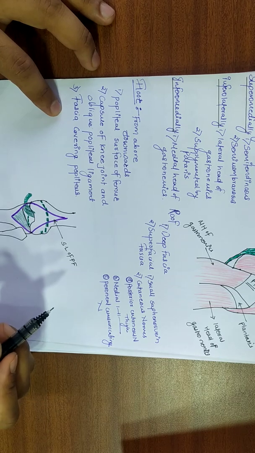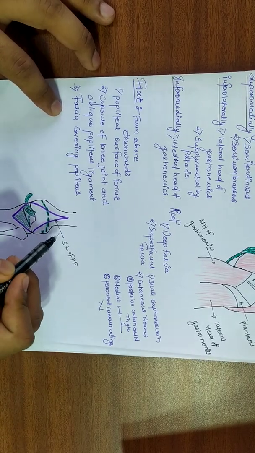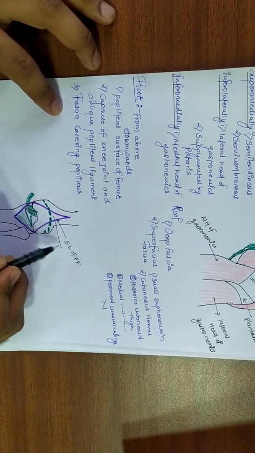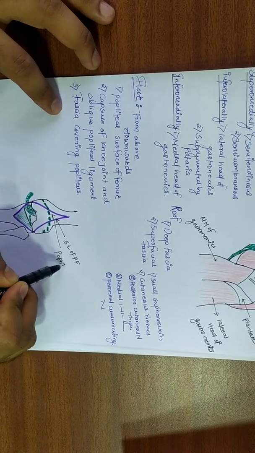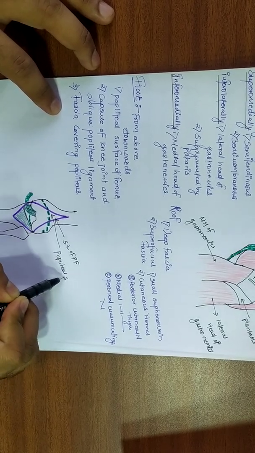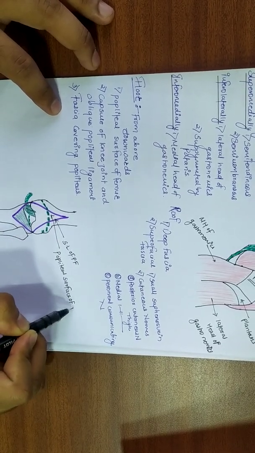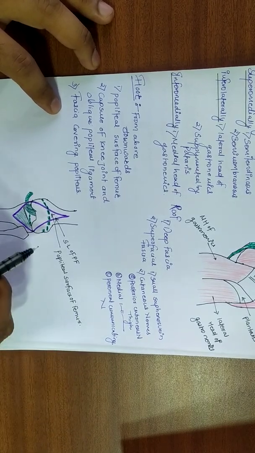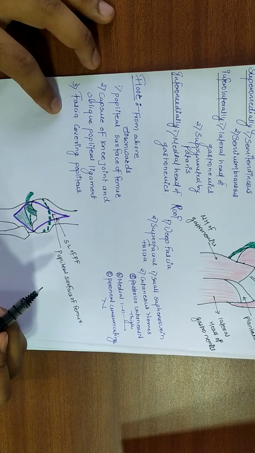The floor is formed from above to downward by the popliteal surface of the femur, and also by the capsule of the knee joint and the oblique popliteal ligament.